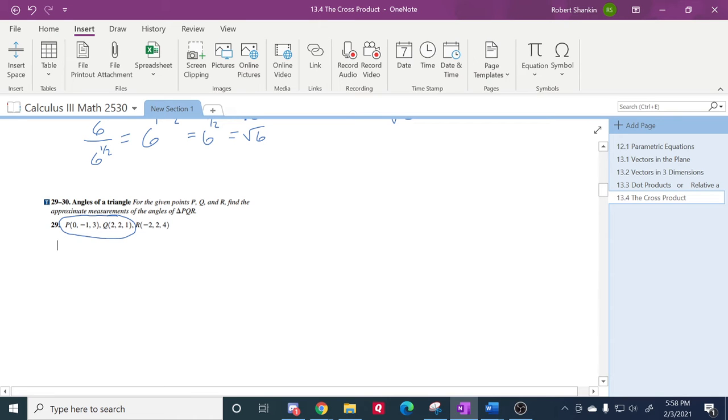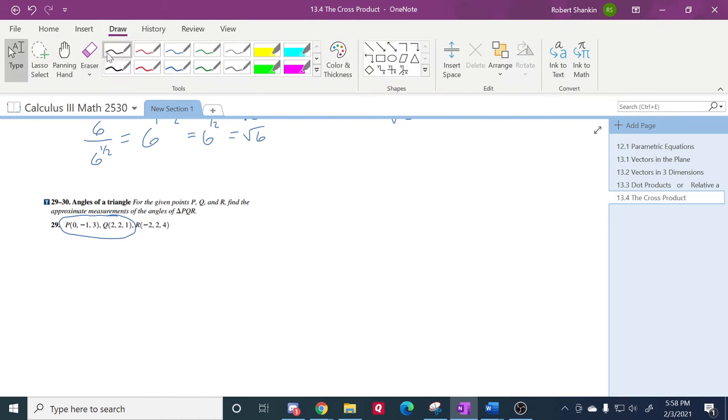Then you do it again between any other pair. After you get the two angles, you add them up, take 180 minus that sum, and that gives you the third angle. That's the strategy.